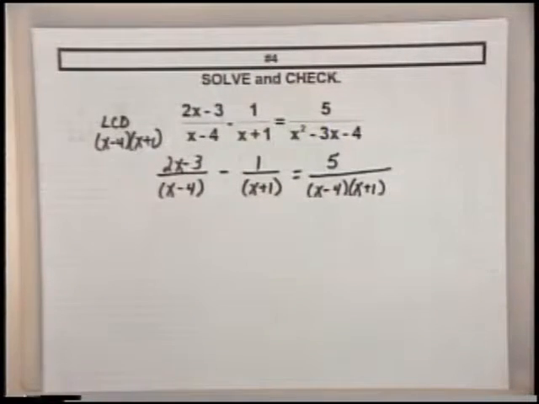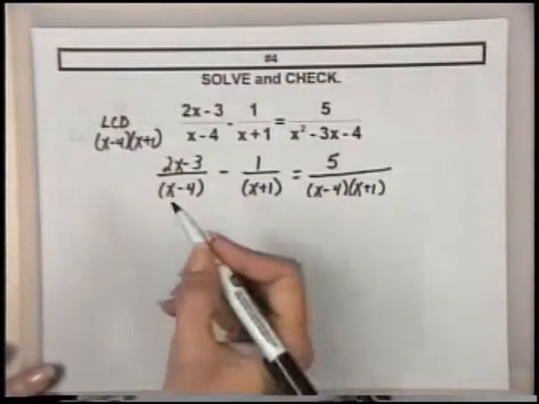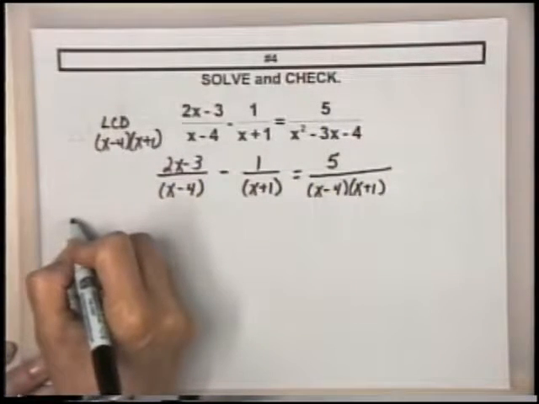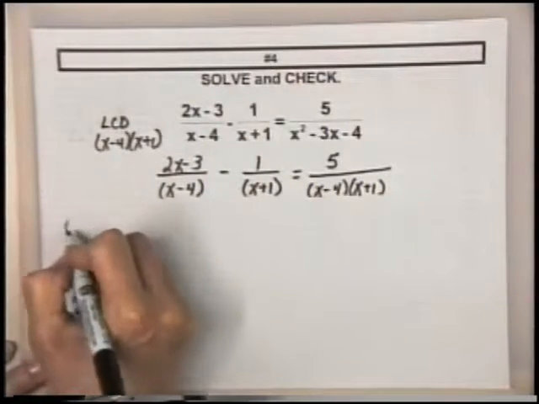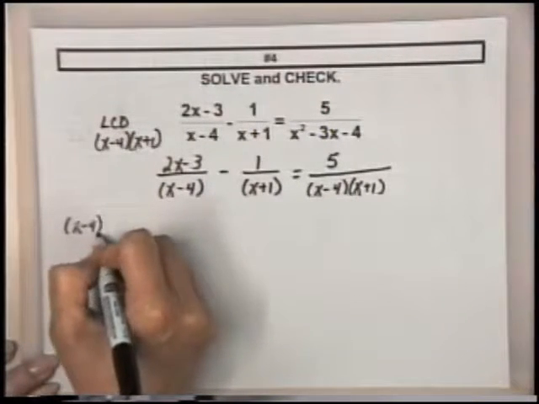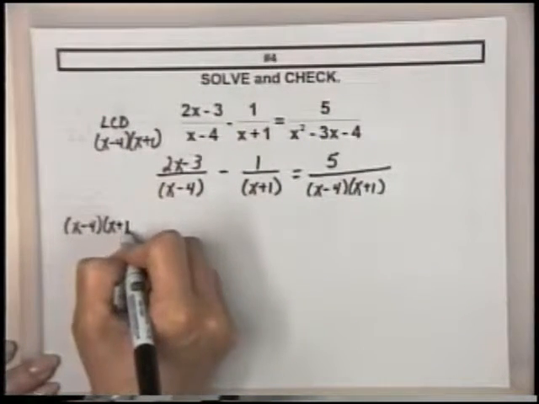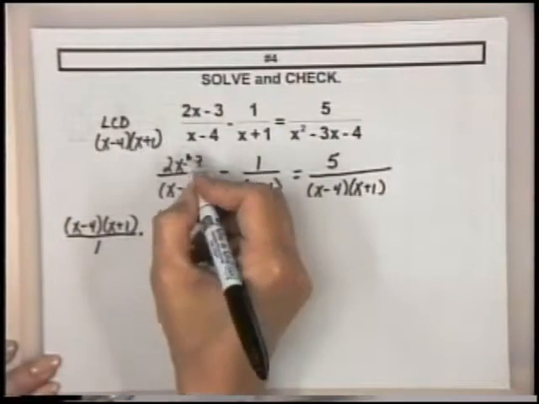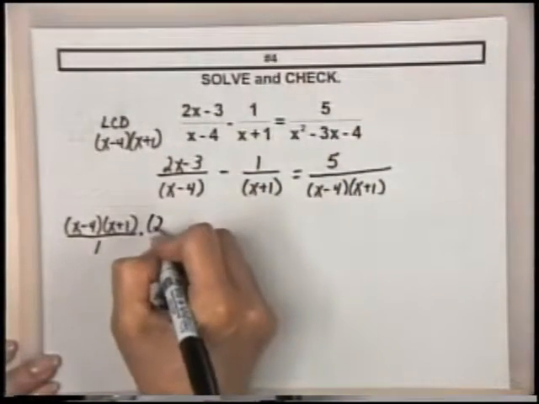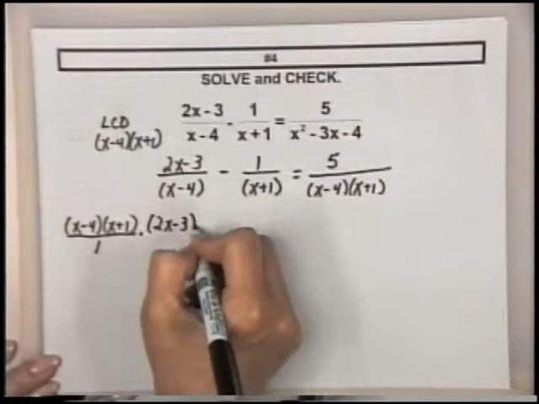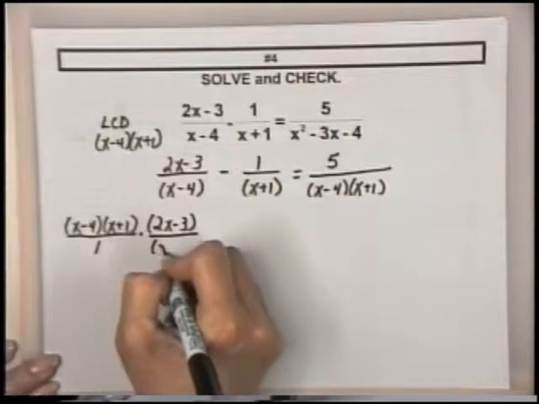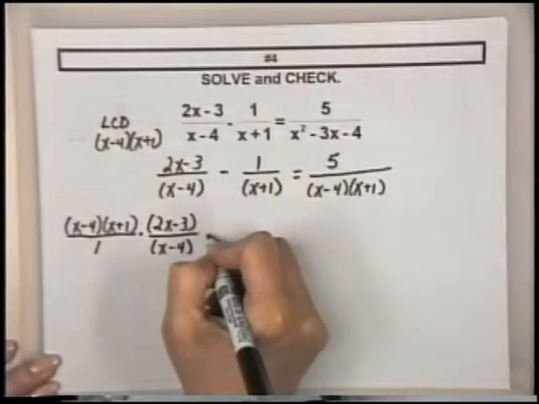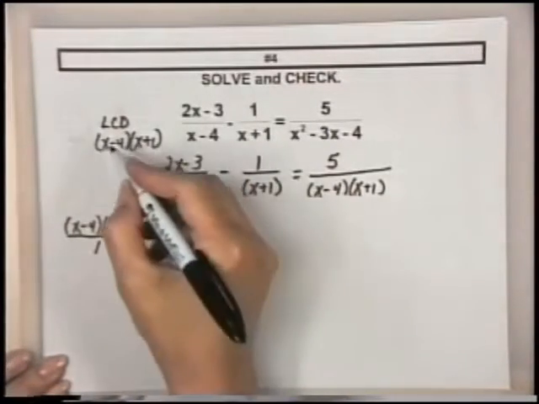Now let's multiply through by the LCD, which means let's multiply each of these fractions by the LCD. Let's write x minus 4 times x plus 1 over 1 and multiply it by this first fraction, 2x minus 3 over x minus 4.